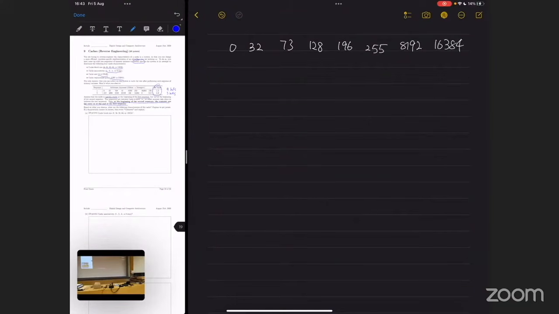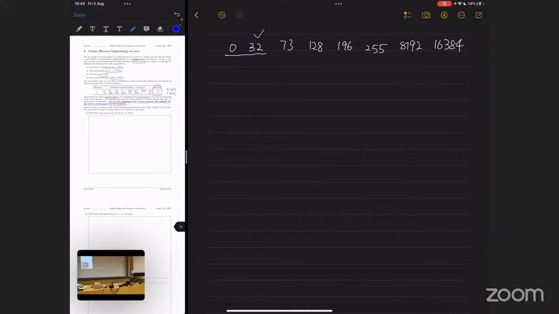We can immediately observe that no block size smaller than 64 is possible because they're at least 32 bytes apart. So if we have a block size of 8, 16, or 32, there would be no hits. And for 64 bytes, we would possibly have this 32 be a hit.